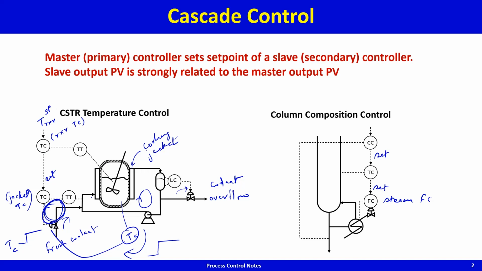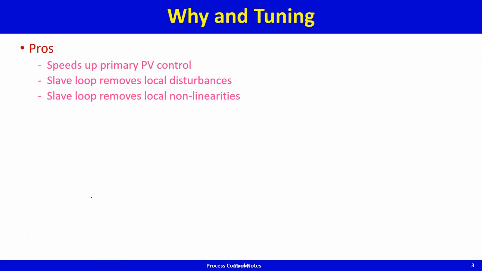And so, when the dynamics are faster, you can have faster control, and therefore you can speed up the control of the primary process variable by having very tight control of the slave variable.